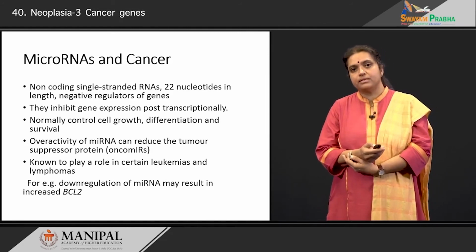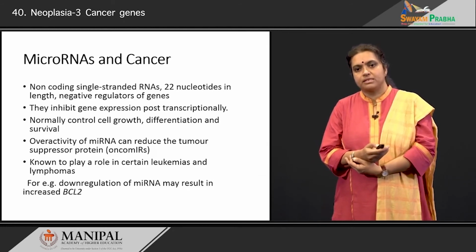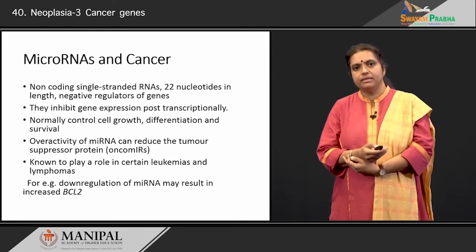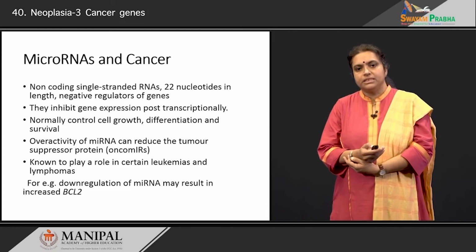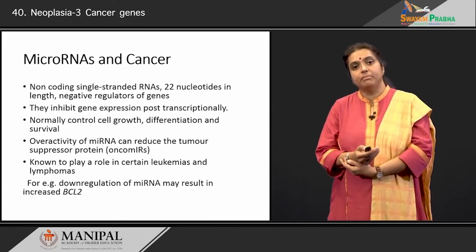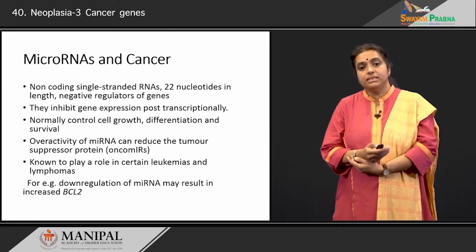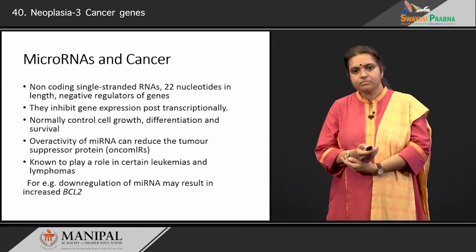You know that the genes are first transcribed into mRNA, and then translated into protein. The gene expression after transcription is inhibited by microRNAs. So, these normally control cell growth, differentiation and survival.